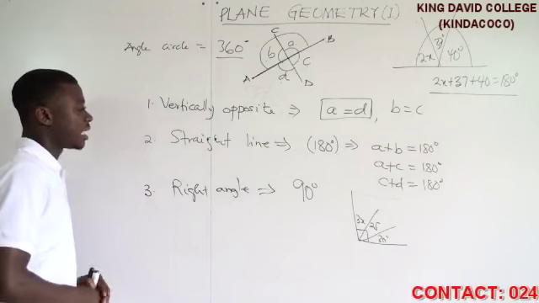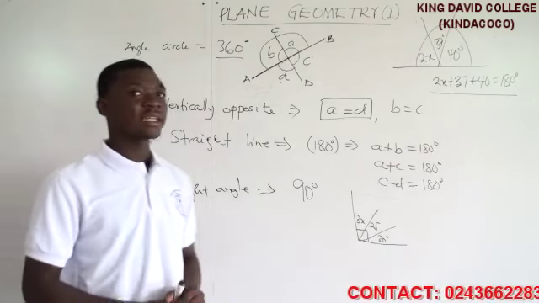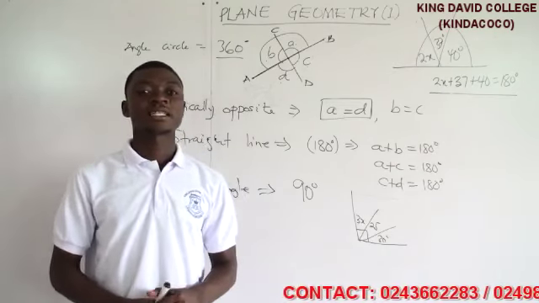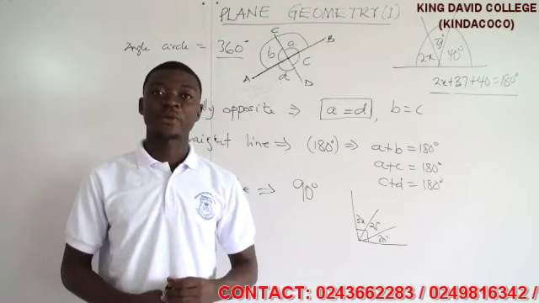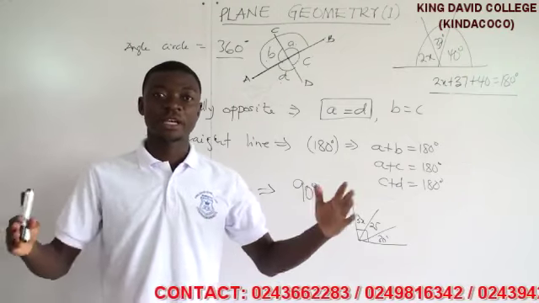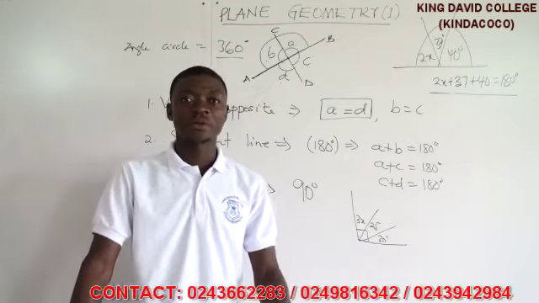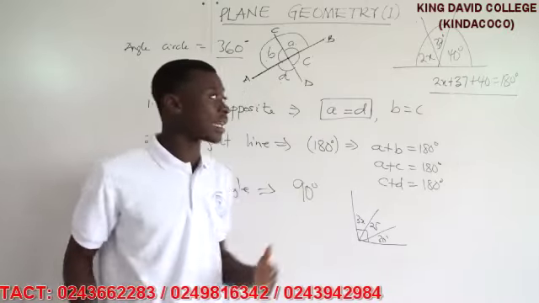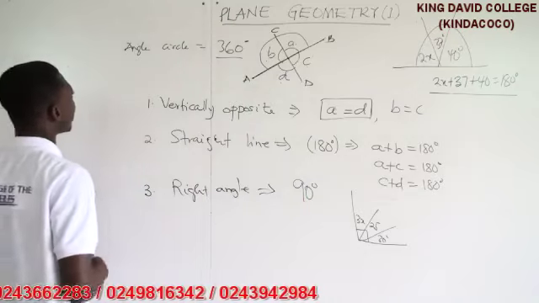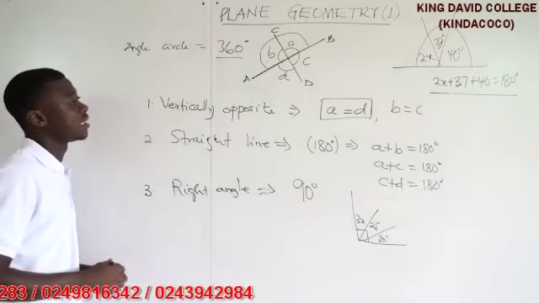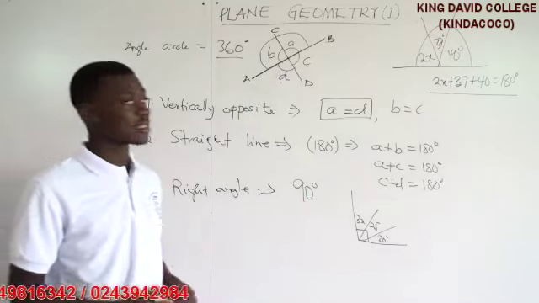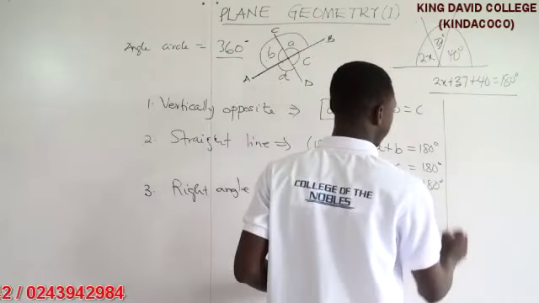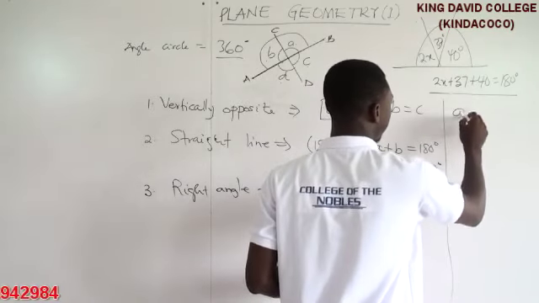Now, there are certain terms we give to angles, depending on their range of values. Then we will give them certain names or certain classes. For instance, we have a class called acute. Acute is coming from the word cute.